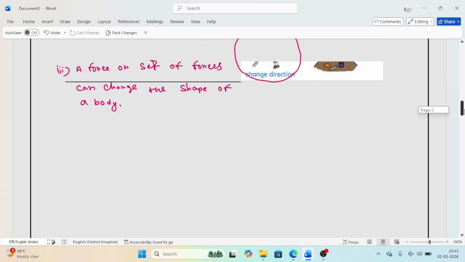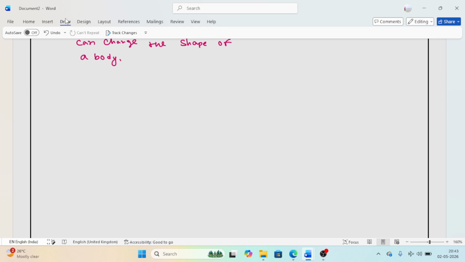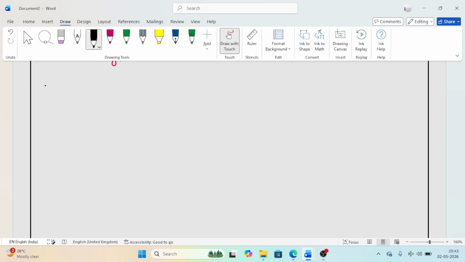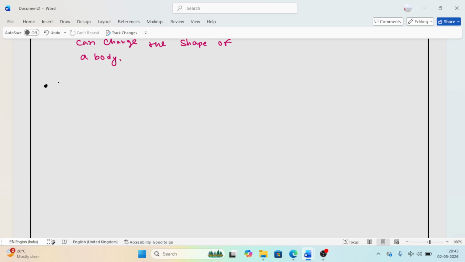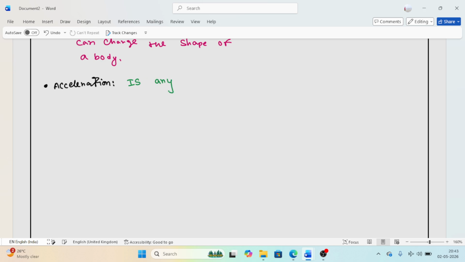So what did we learn in this lecture? First, we learned the meaning of force. To repeat it all up, first we learned acceleration. I think you understood the actual meaning of acceleration: any change in speed or direction.